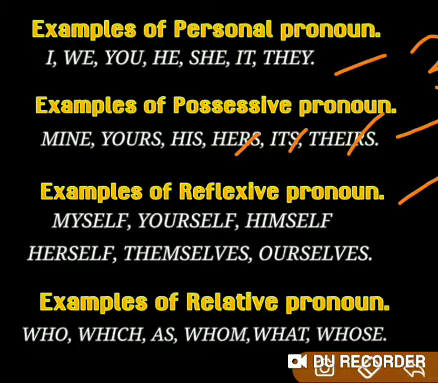A pronoun used with the word self or selves to reflect the action of the verb on the subject is known as reflexive pronoun. Simply you can understand, the word which joins with self or selves is called reflexive pronoun.